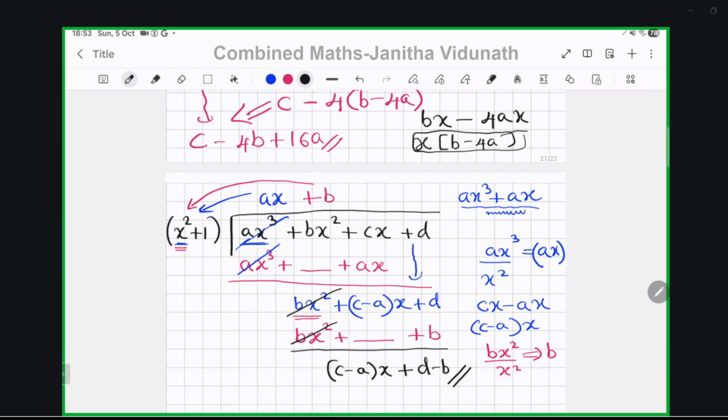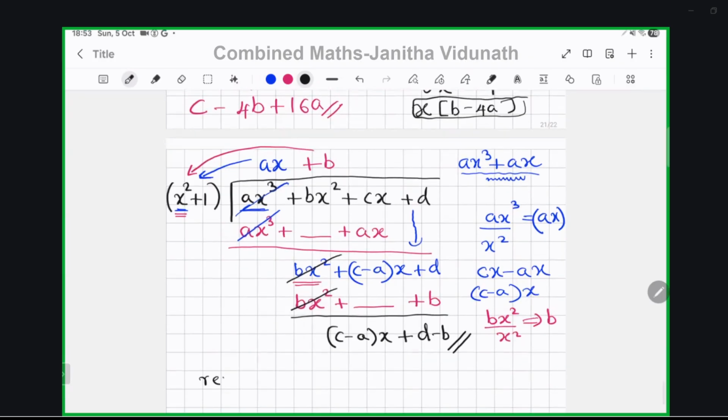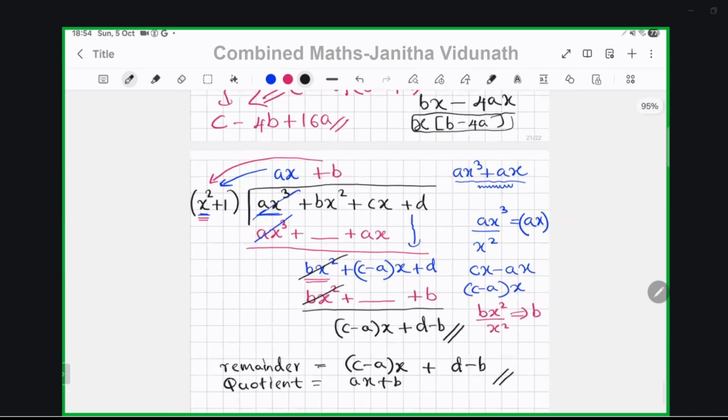This is the final answer. The remainder is (c − a)x + d − b. The quotient is ax + b. Okay, write down this answer.